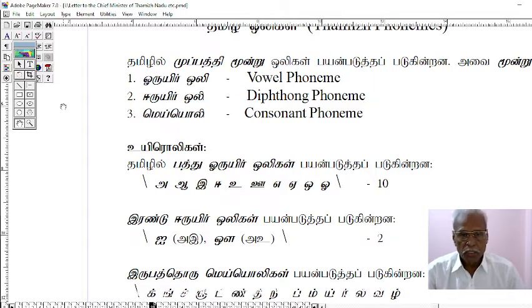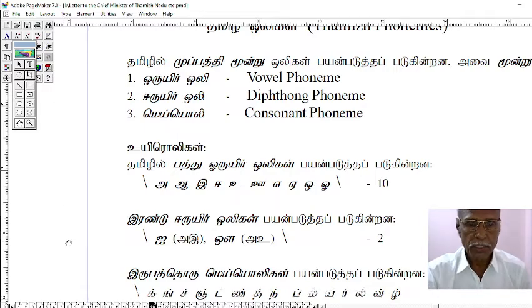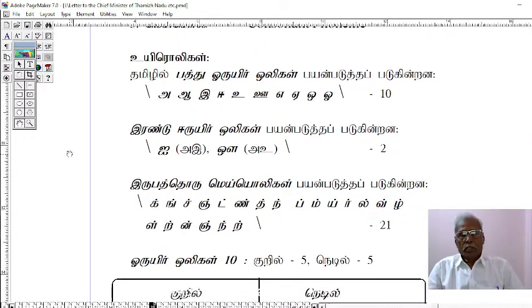That is, vowel phonemes, diphthong phonemes and consonant phonemes. Out of these 33 phonemes, single vowel phonemes are 10, double vowel phonemes, that is diphthongs, are 2 and consonant phonemes are 21.